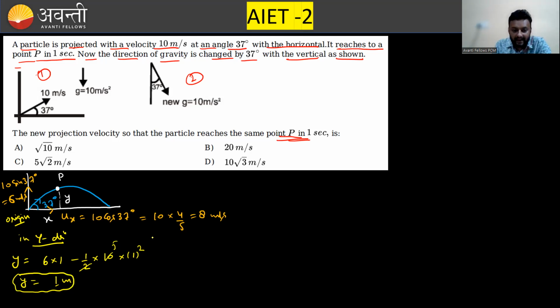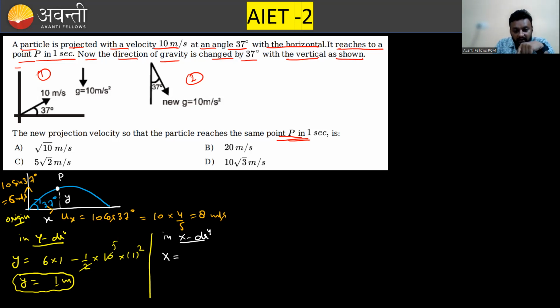Now similarly, you can get the x coordinate. In x direction, if I apply, the acceleration due to gravity is in the y direction. There is no horizontal acceleration. If there is no horizontal acceleration, then the distance in the x direction is equal to speed into time.